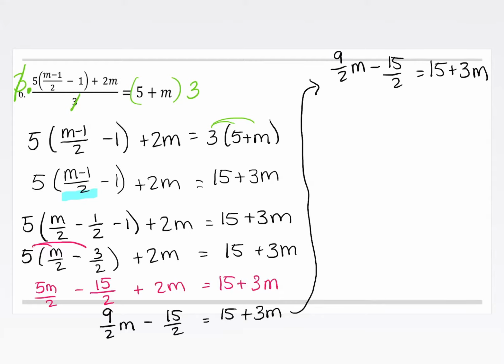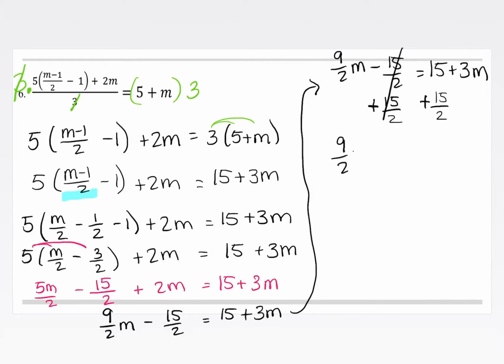Now, all we want to do is get our variable on one side and our constants on the other. So I'm going to add 15/2 to the right-hand side. Sorry, that was the bell.